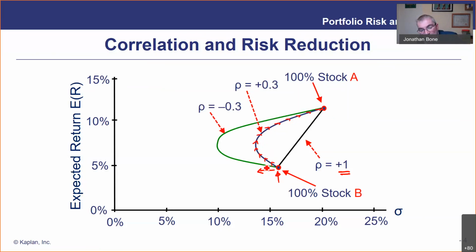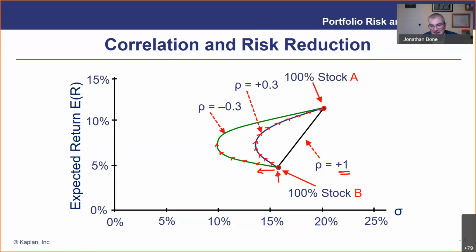In other words, the amount of risk we can diversify without reducing return, and in fact, we're actually reducing risk at the same time as increasing return, is bigger. So the closer we get to perfect negative correlation, the better the risk diversification we have when combining assets.